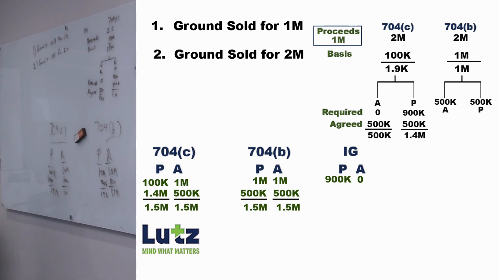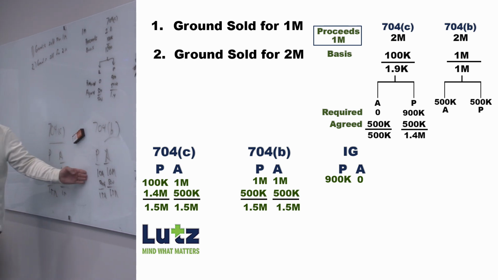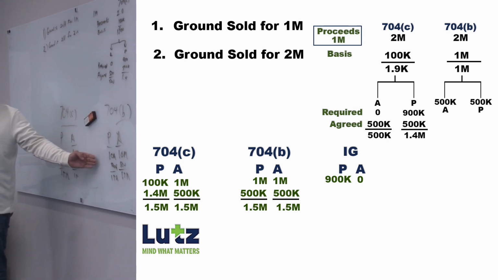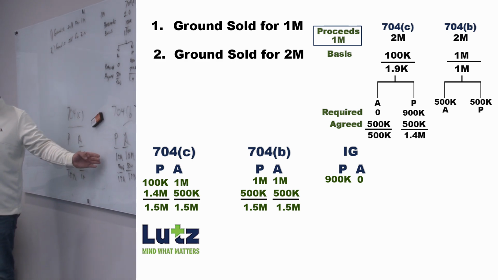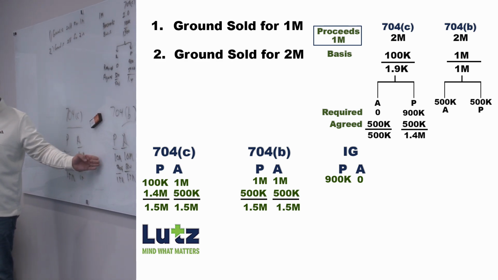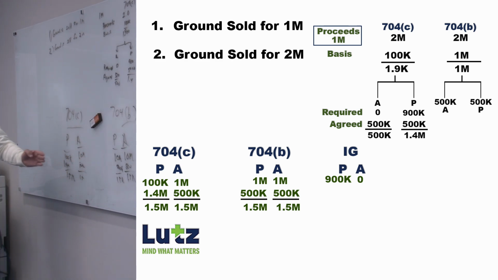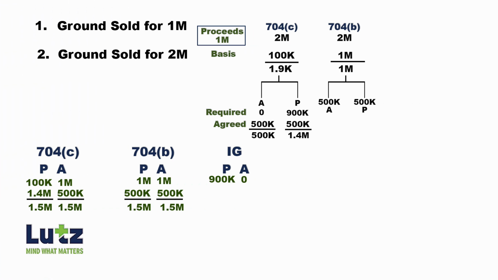You have a gain-loss calc that occurs for 704B, and your basis for that gain-loss calc is what amount you agreed upon was the fair value of that particular asset at the date of contribution. And your 704C kicks out what's required versus what's agreed upon. Gotcha. That's how that works.